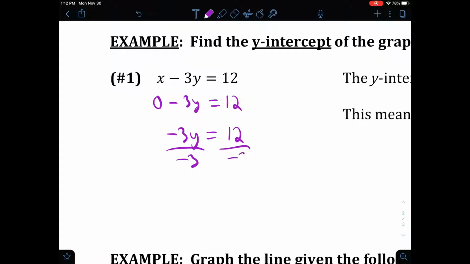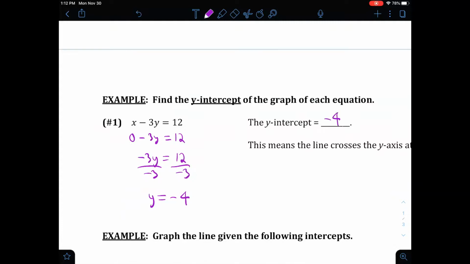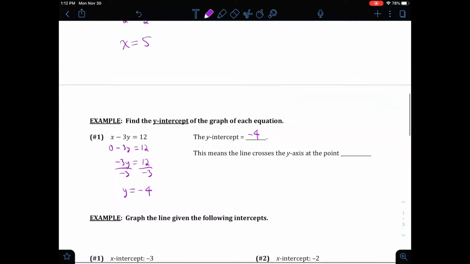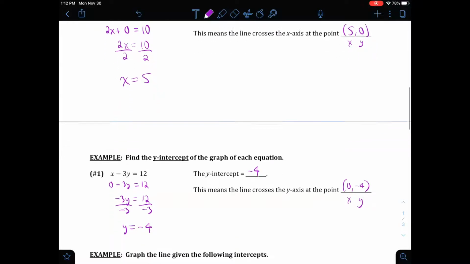Divide by -3. y is going to equal -4. So the y-intercept equals -4, or the coordinates of the point is going to be 0, -4. Because we literally plugged in 0 for x, and y was equal to -4, so it's 0, -4. Same thing up here. We plugged in 0 for y, and x equals 5. That's where we get these from.